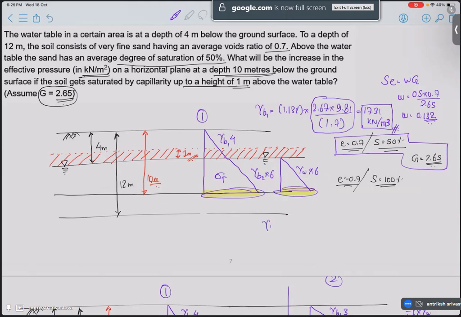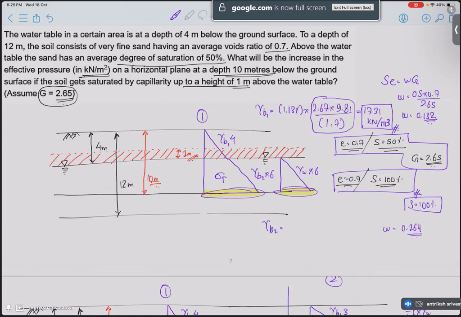Okay. Gamma B2, for that we need to again calculate the water content below the groundwater table. That will be corresponding to S is equal to 100%. So we can just say that it is going to be twice that of the water content earlier. So it is going to be 0.264, right, 26.4%.